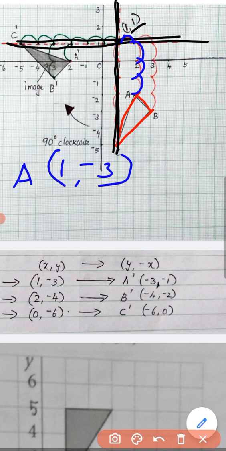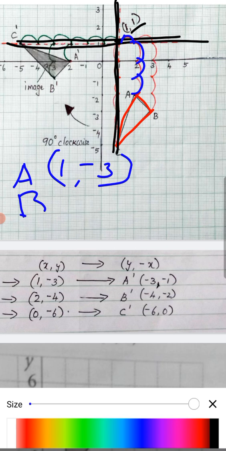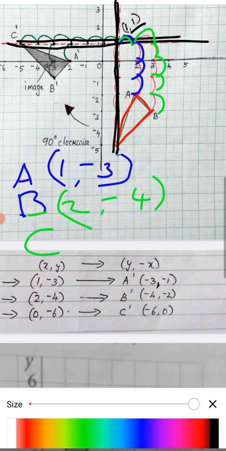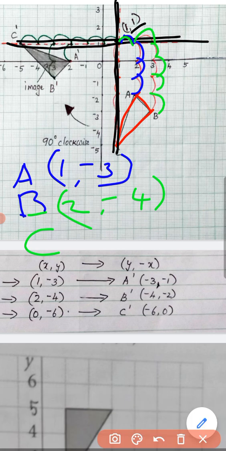Okay. Now find B. B is 2 units right and 1, 2, 3, 4. 4 units down. So -4. Okay. Then find C. C is a point on y-axis.